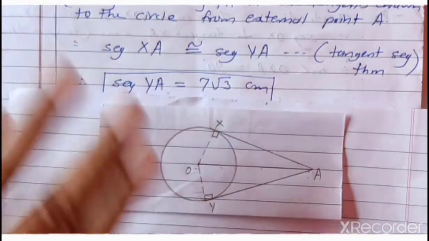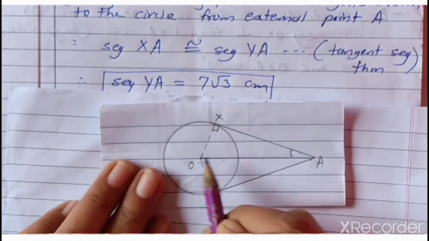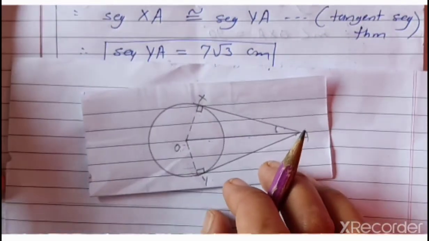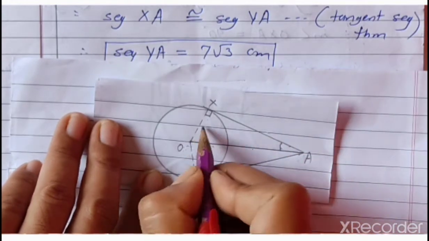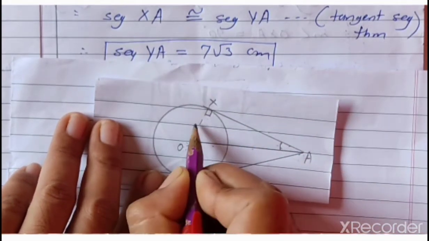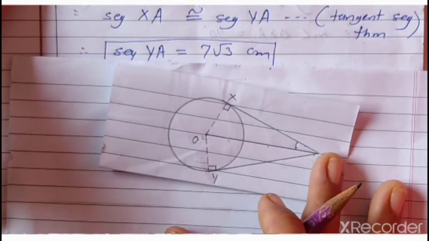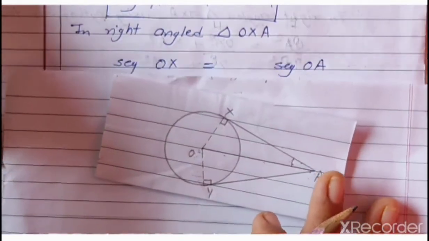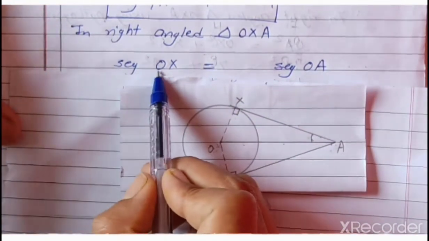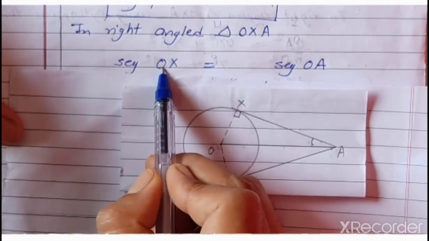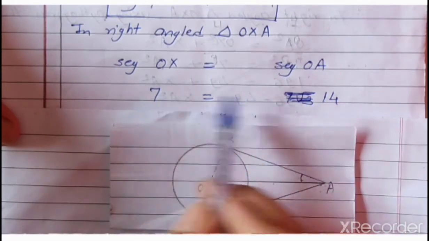Now let us find out the second question, the measure of angle XAO. Here the opposite side of this angle is OX and hypotenuse is OA. So let us find out this correlation in this right angle triangle. Here I write down these two statements, opposite segment and hypotenuse. Let's substitute its values.